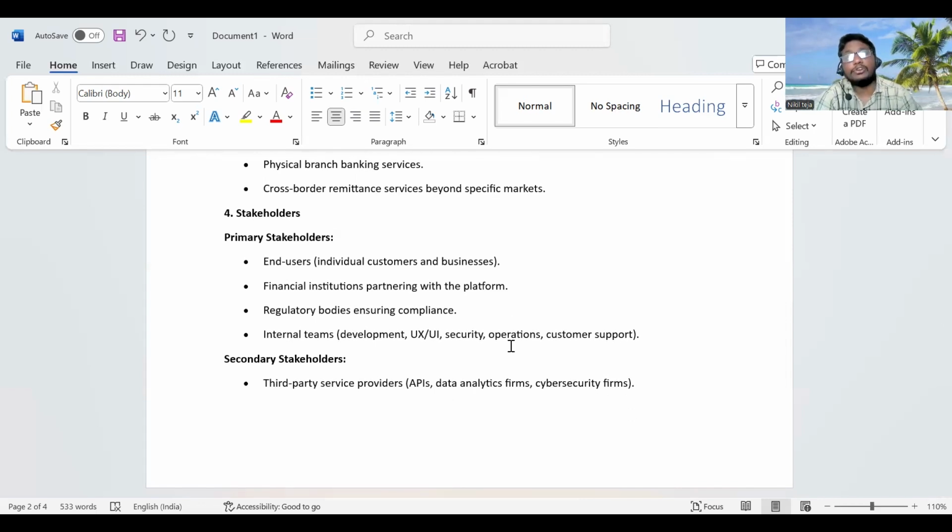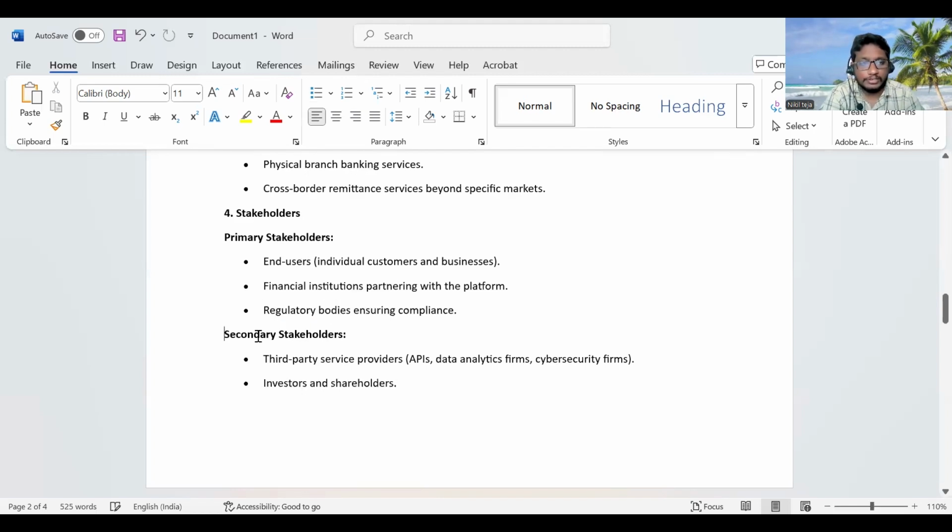They will be working only on your front end, right? So end users come under primary stakeholders. Next are financial institutions partnering with the platform. They will also be working with your front end. Regulatory bodies ensuring compliance will also be working on your front end. They will be using your app, right? Next, internal teams. I don't know why I kept internal teams here, but this should not be there.